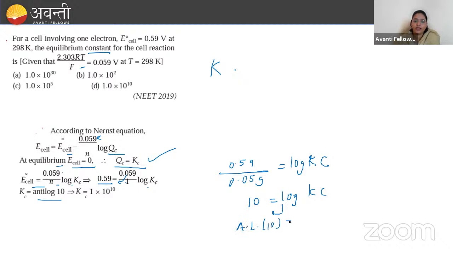Antilog of 10 is equal to Kc. So what will be the antilog of 10? You will get the answer, that is 1 into 10 raised to 10, the Kc value. So the answer will be option D. Yes, any doubt? सॉल्व करना था हम लोगों को, ठीक है? Problem solve किया है इस तरह से. Any doubt in this?